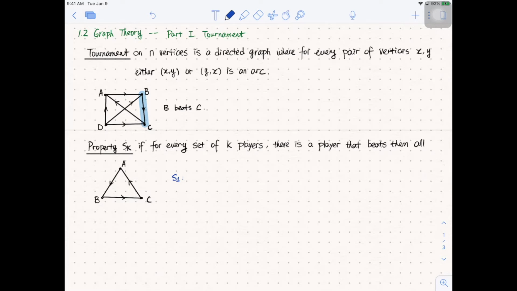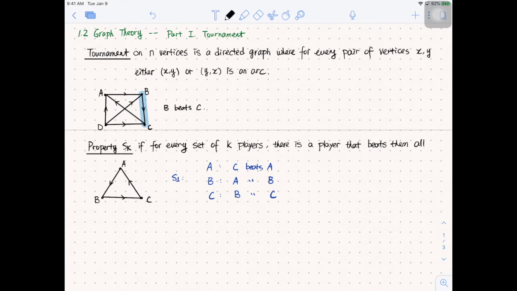What are all the possible subsets of 1 player? One can easily see that they're either A, B, or C. For the subset with player A, we can see that C beats A. For the set with only B, A beats B. And lastly, if the set contains only C, we can see that B beats C.